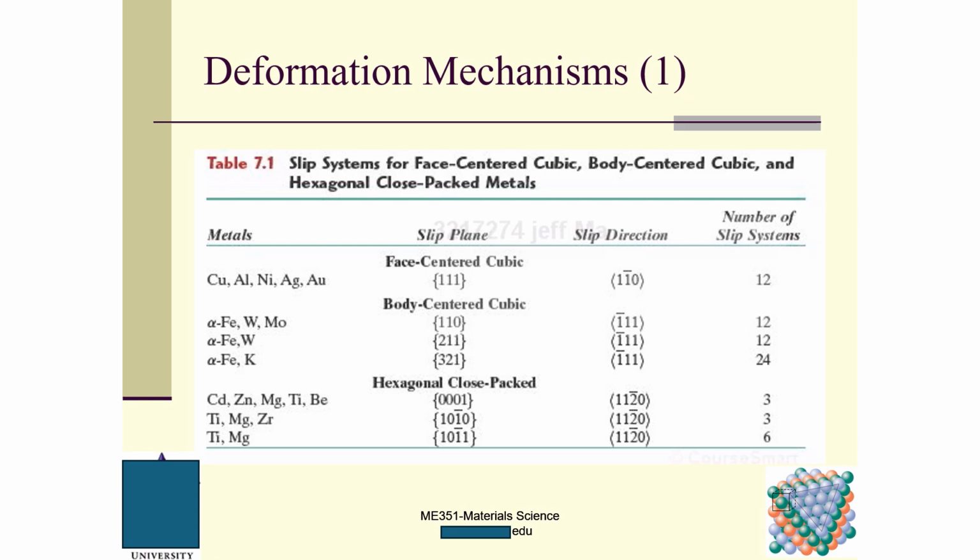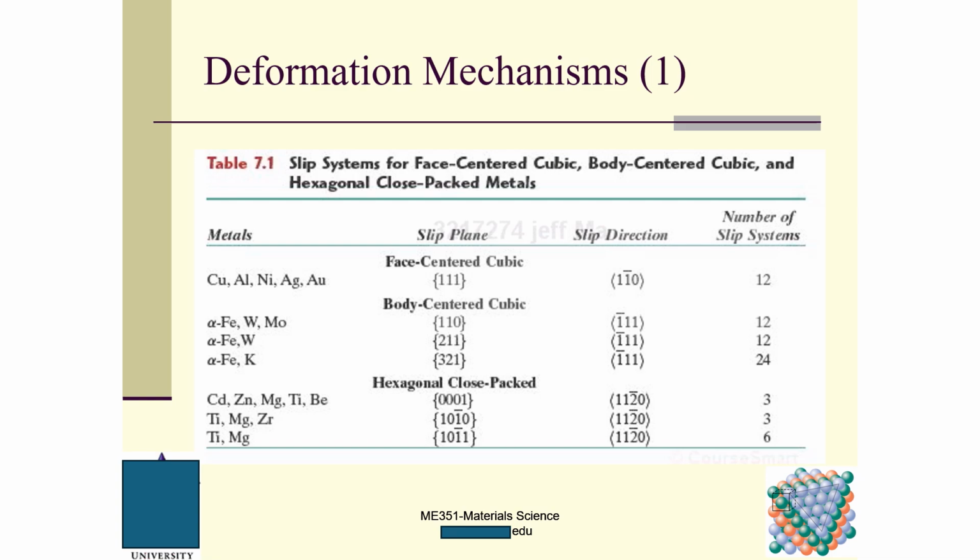If there is an applied load, a material with more slip systems will have more directions to accommodate this applied load. As a result, it is much easier for this material to have plastic deformation before it breaks.